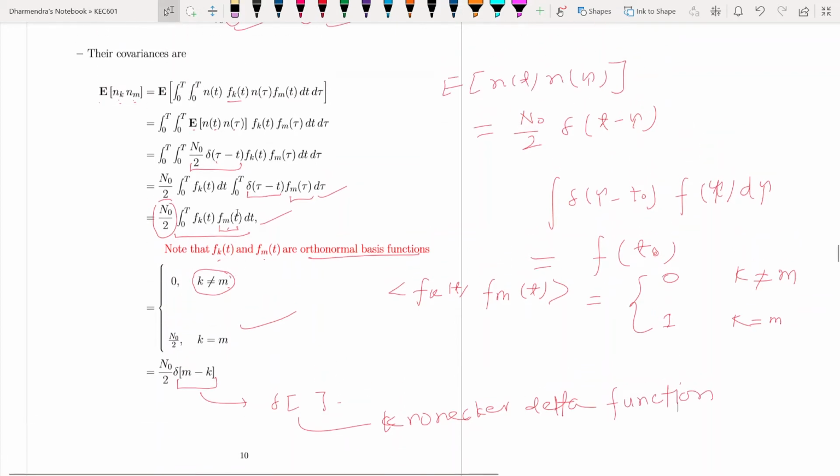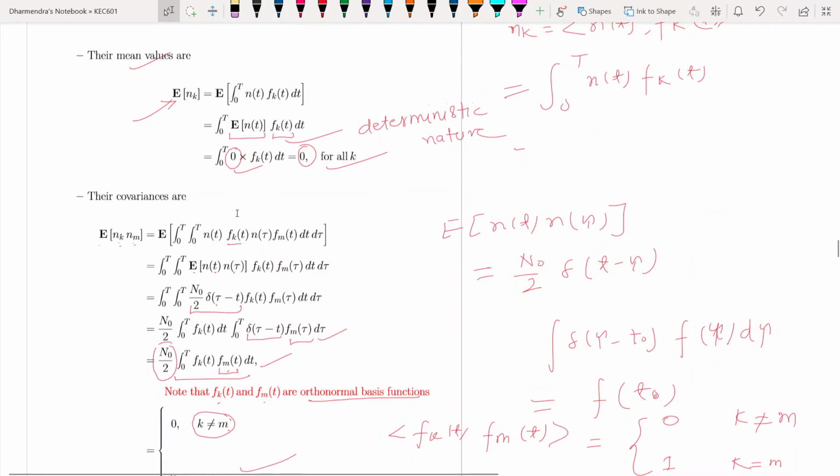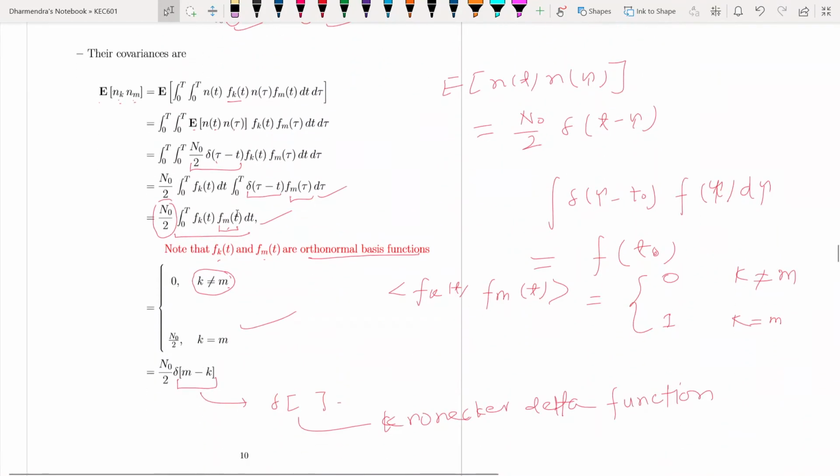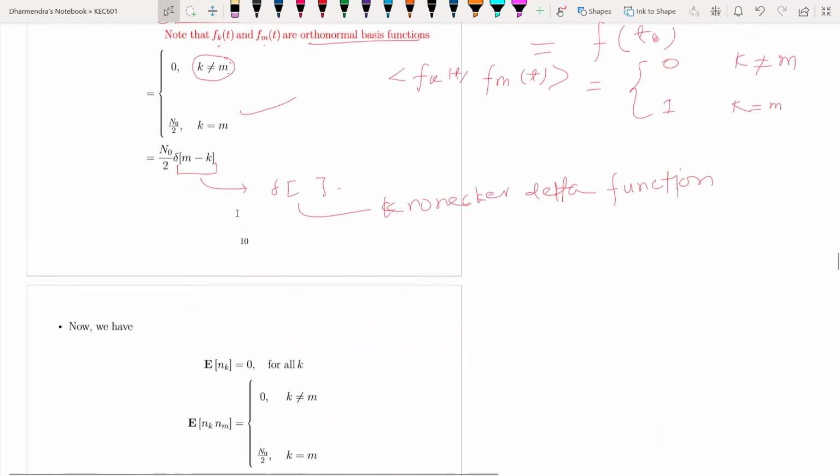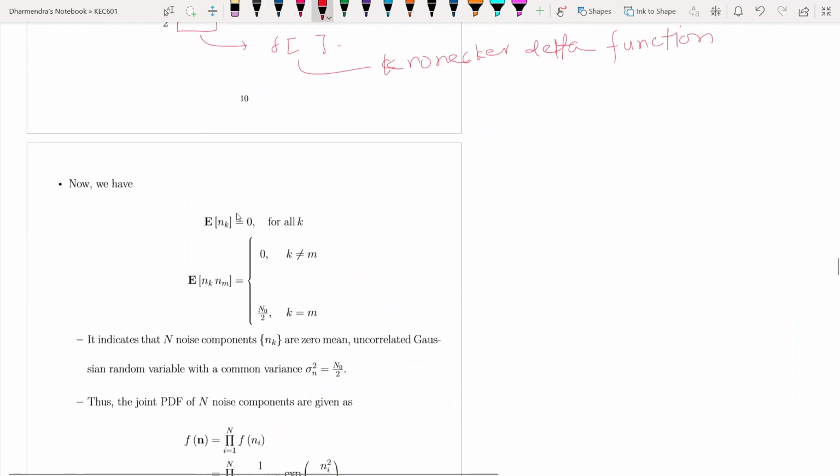Okay, so we have calculated the mean and covariance of the noise component n_k. So now we have this result: the mean is 0 and this is the covariance. When k equals m, I get the expectation of n_k squared. This is the variance, because the mean is 0, so the second moment is the variance. This will be equal to N_0 by 2.